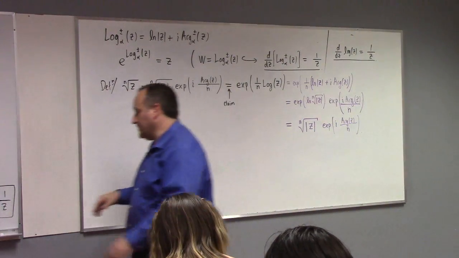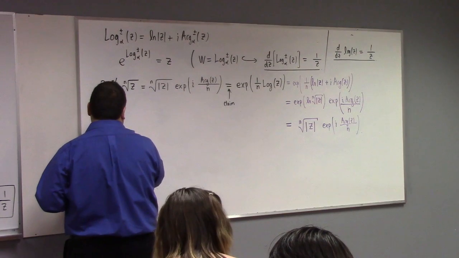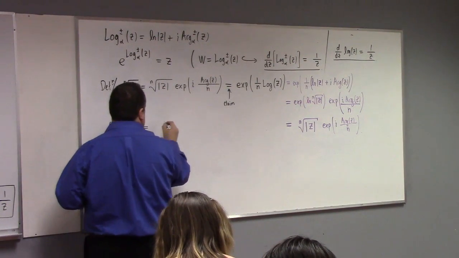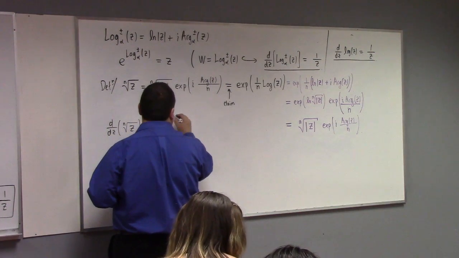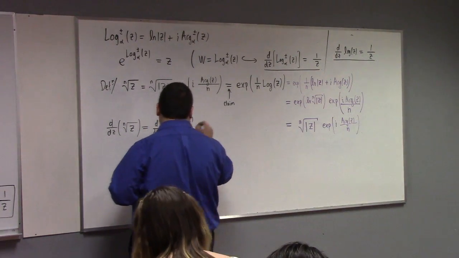Let's do it. So the derivative with respect to z of the nth root of z is what? It is d/dz of e to the (1/n) log z. I'll write it that way this time.